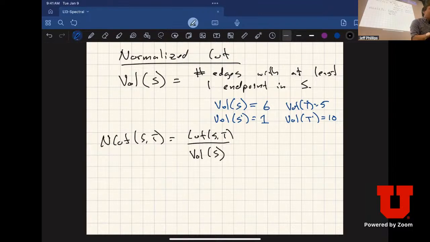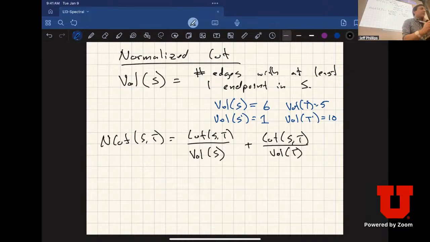But if I chose T prime as the cut, this would still be big. I need to make this symmetric to both sides, and to do that, they add the cut of S, T divided by the volume of T. This is how they define the normalized cut.